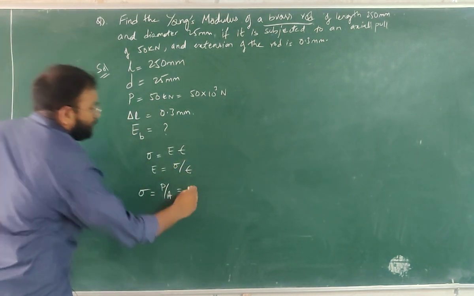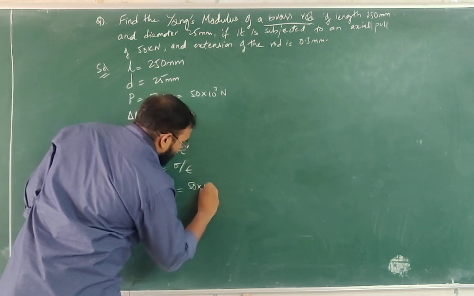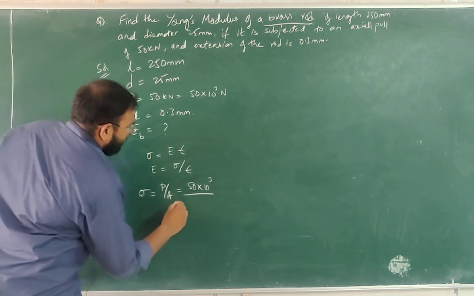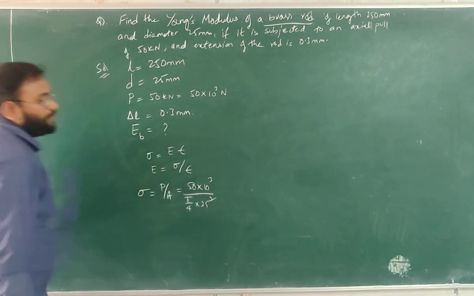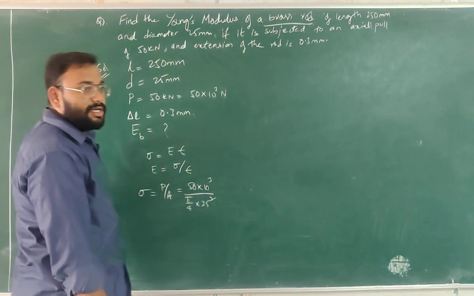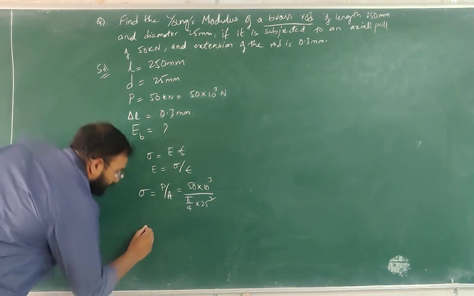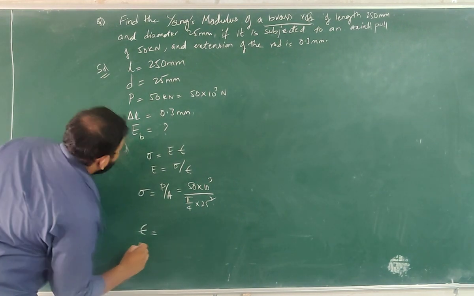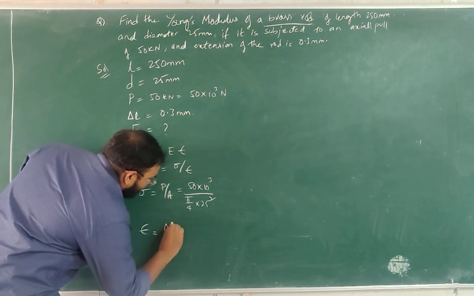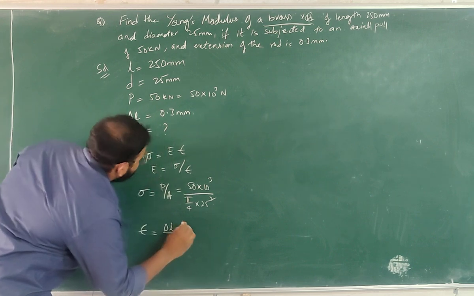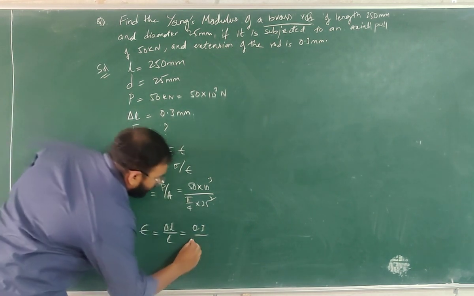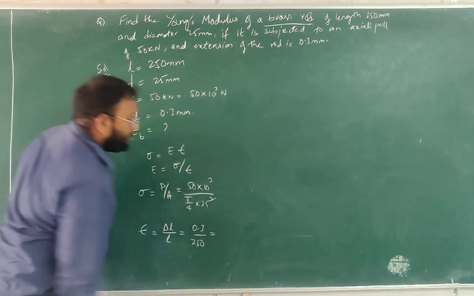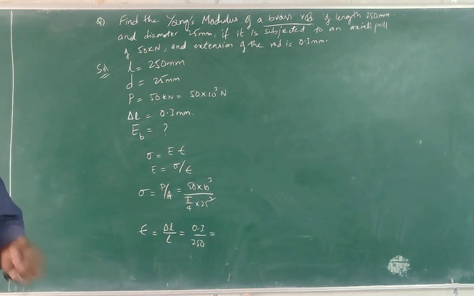So, load is given to you as 50 10 power 3 divided by pi by 4 into 25 square. Epsilon is equal to change in length upon original length, which is 0.3 by original length is 250. Both the units are in millimeters, no conversions are required here. Okay.